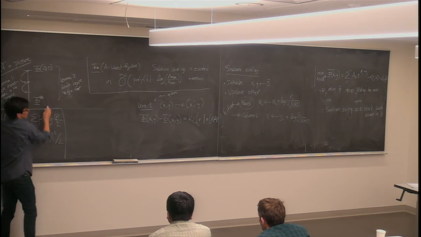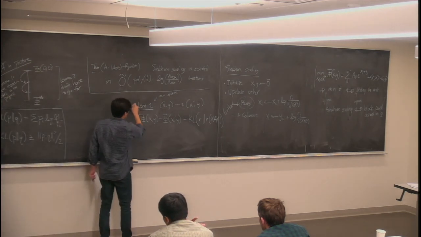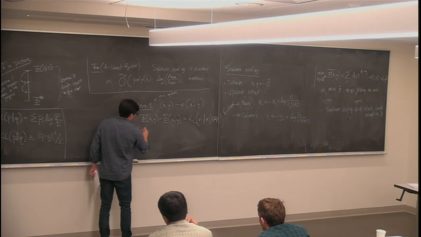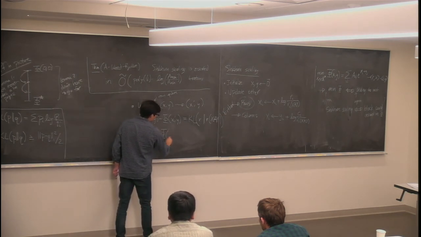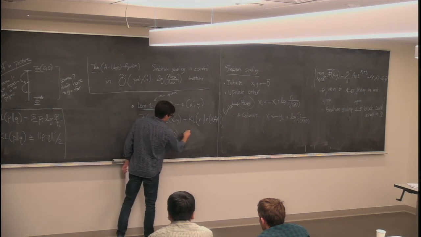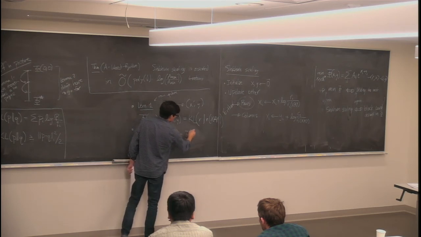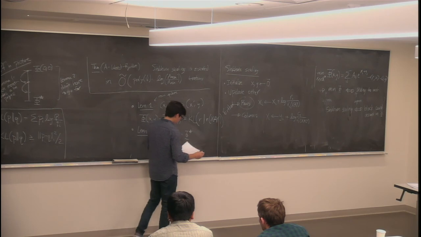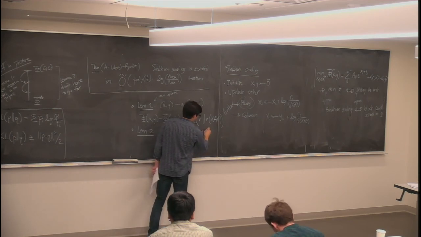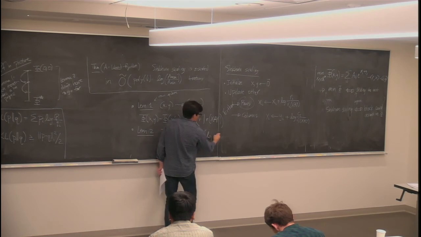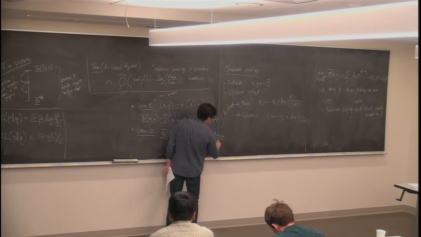Lemma 2 says you don't have to go far. So lemma 2 says that the gap between the initial value and the optimal is relatively small. In particular, it's less than roughly the maximum value of A over the minimum value of A at the initial point.